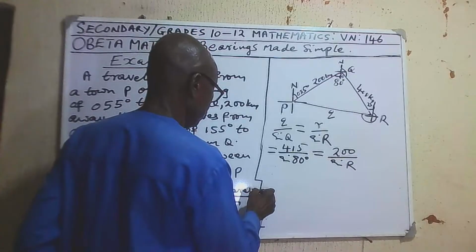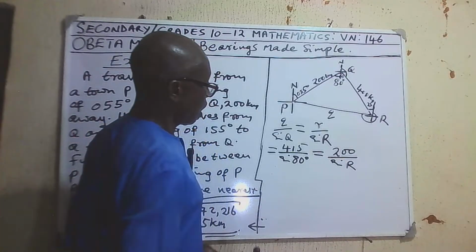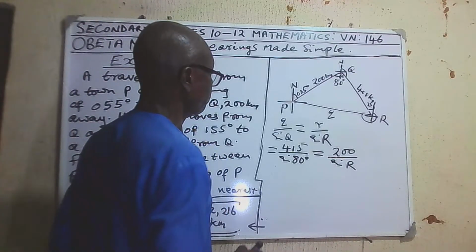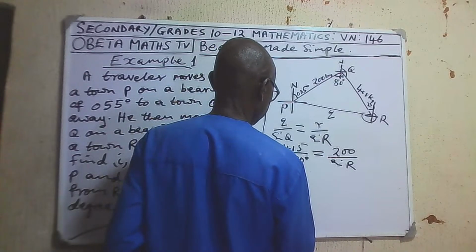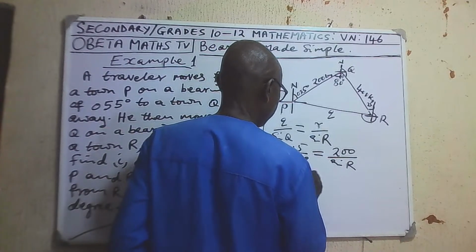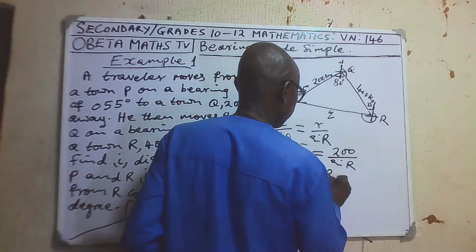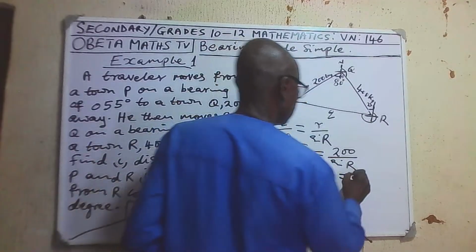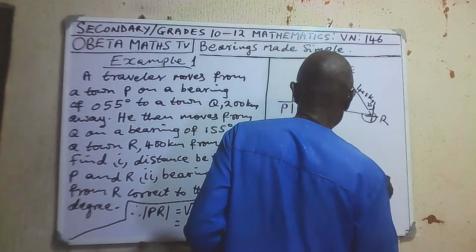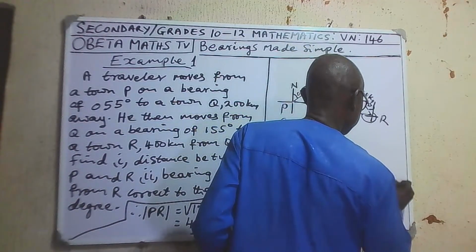So as we continue, we have to cross multiply, and that means that 415 sine R is equal to 200 sine 80 degrees.